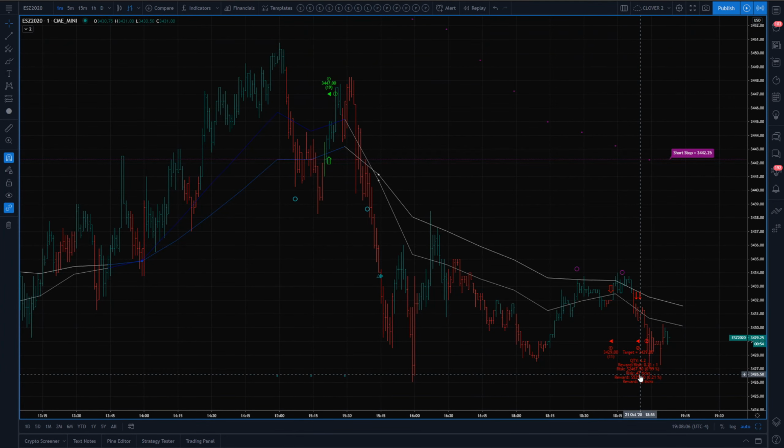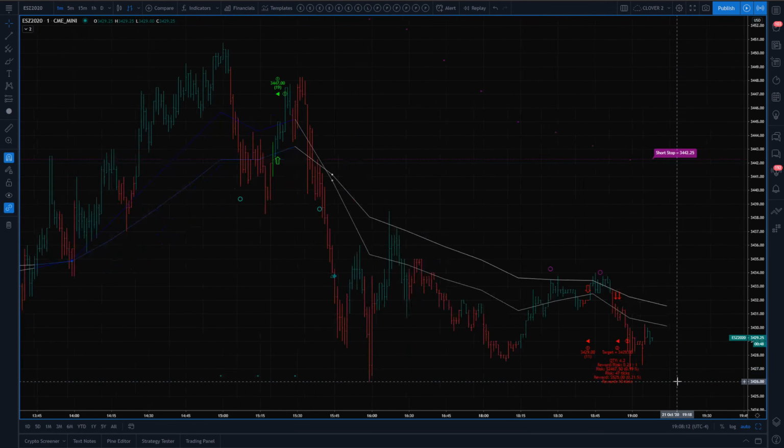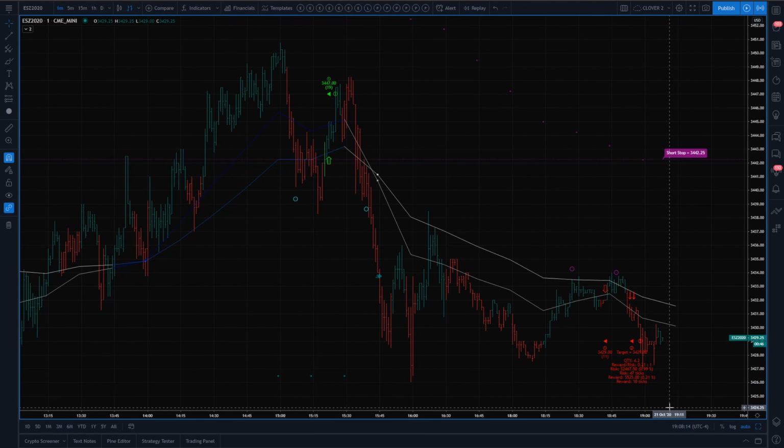So the risk was 47 ticks, and the reward was only 10 ticks. So the reward risk was, what does that say? 0.21 to 1. That might sound bad, but we're going for quality, not big reward risk trades. We're going for accuracy on trades, and the accuracy of this strategy is somewhere above 80%.